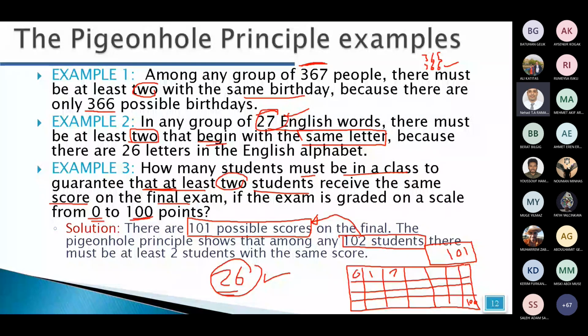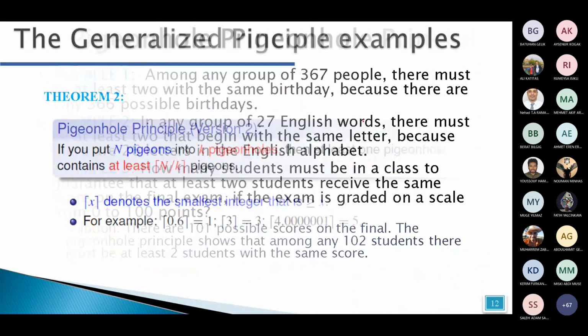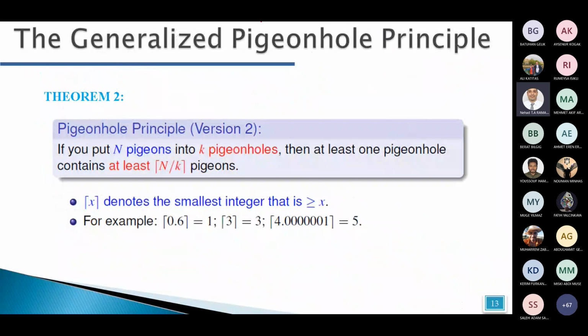If we have 102 students, there are at least 2 students with the same score. It's a simple principle, but it has many examples.